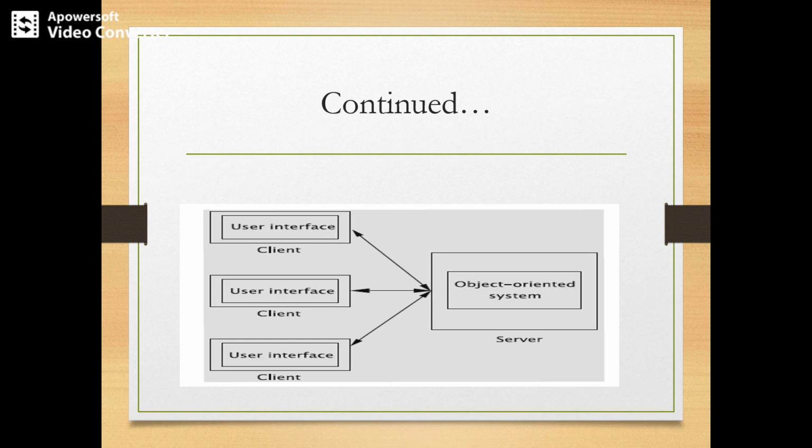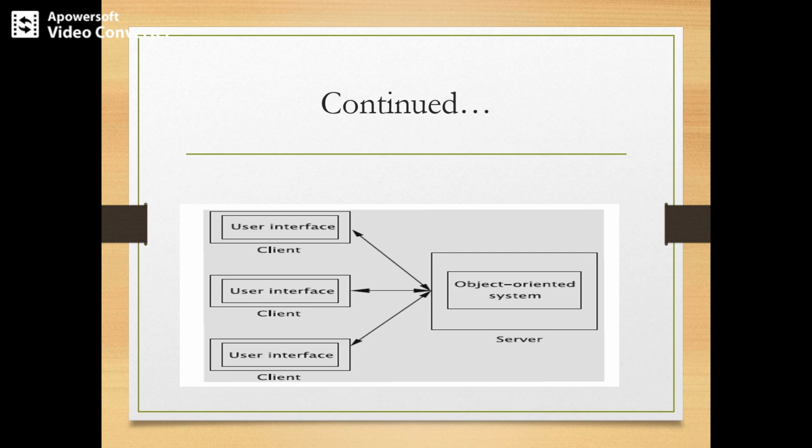Here, the server hosts an object-oriented system. Like any other client server system, the client sends a request to the server, and these requests are processed by the object oriented system at the server, and the results are returned.